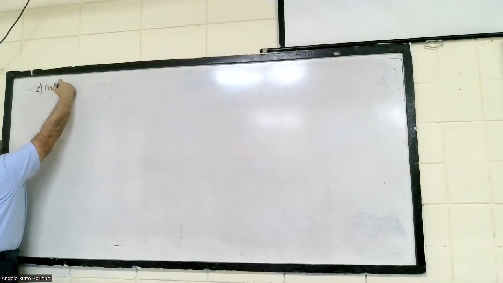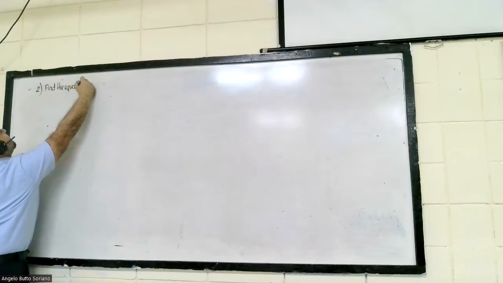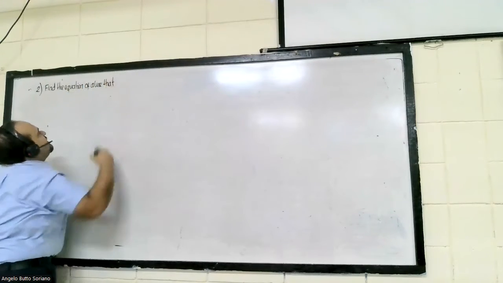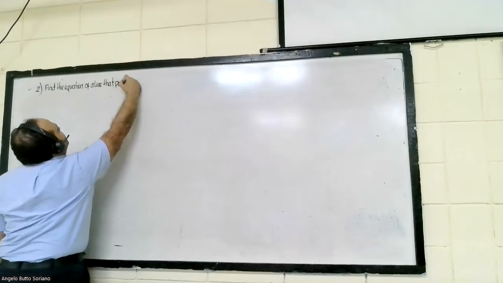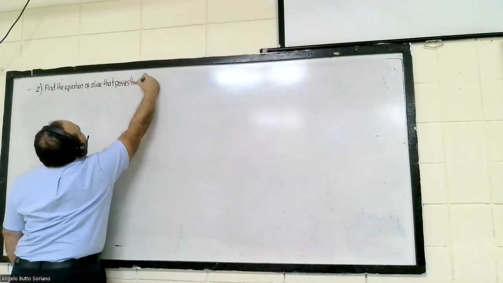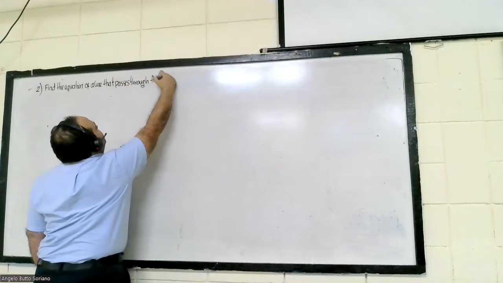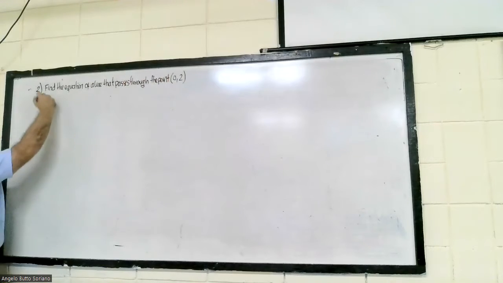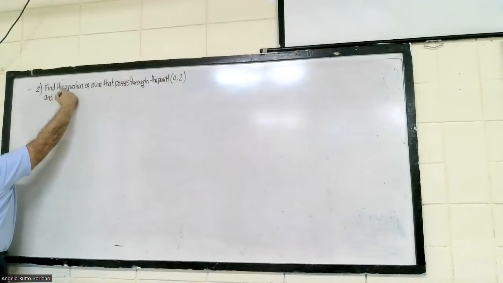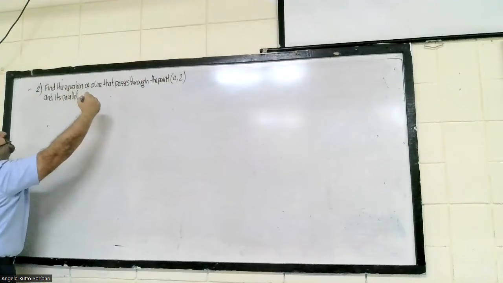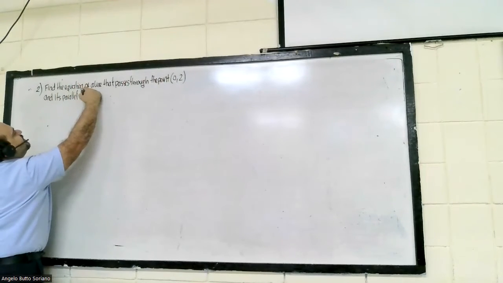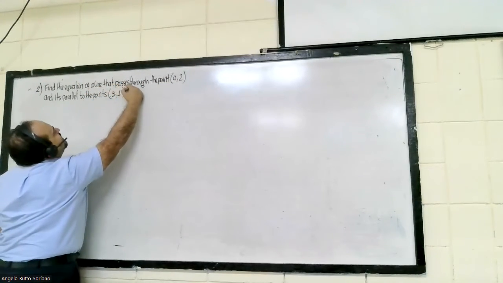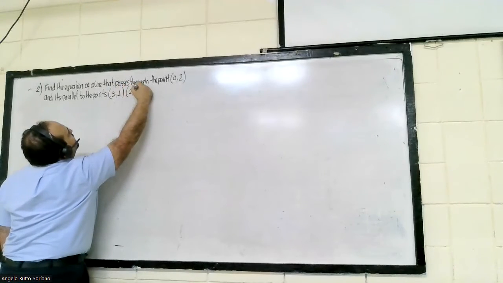Find the equation of a line that passes through the point 0,2 and it's parallel to the points 3,1 and 2,5.